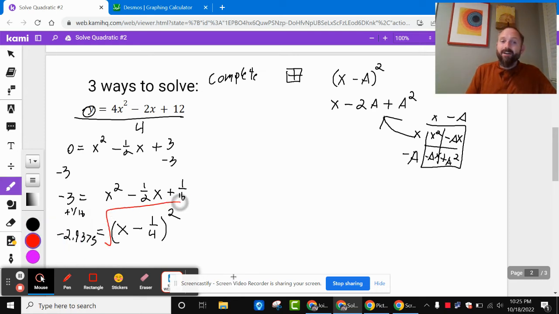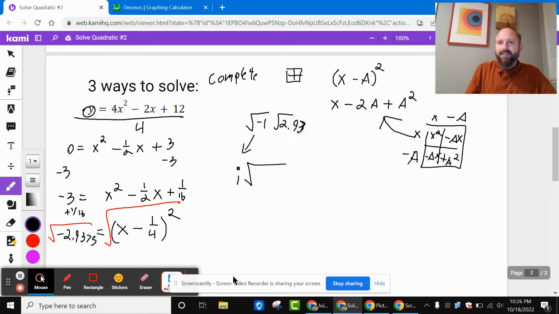And now I'm going to find the square root of that. But wait, you can't have the square root of a negative. So what this turns into is you pull the negative out, and you still have the 2.9375 right here. And so you're going to have i times the square root of 2.9375. And we're going to be adding and subtracting, equal to x minus 1/4.